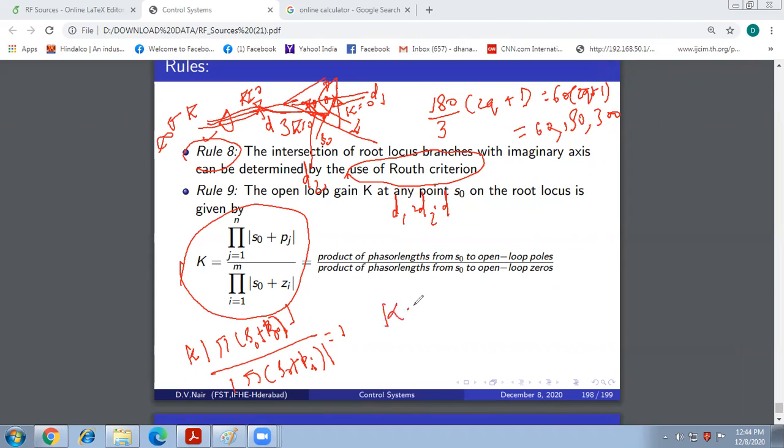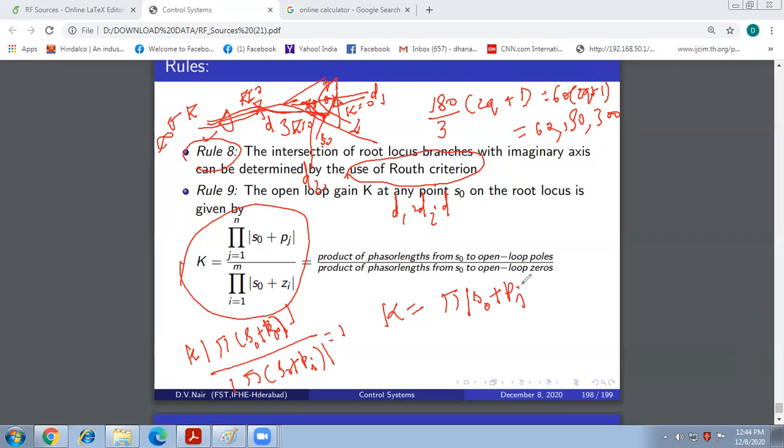Then from this, K will be equal to the denominator terms moved to the numerator side. The magnitude of a product is as good as the product of magnitudes, because finally we are interested in magnitude.